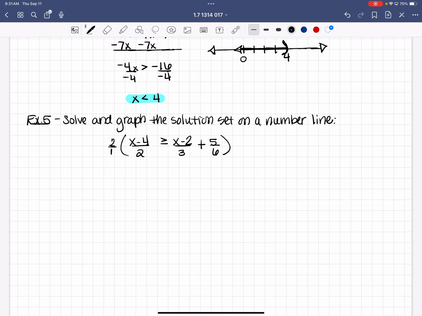Since I'm multiplying by 2, and this first term is x minus 4 over 2, those 2's are going to cancel out, because what's 2 divided by 2? 1. So this just becomes x minus 4 is greater than or equal to, and we're going to keep it simple, 2 times x minus 2 all over 3, plus 2 times 5 all over 6.